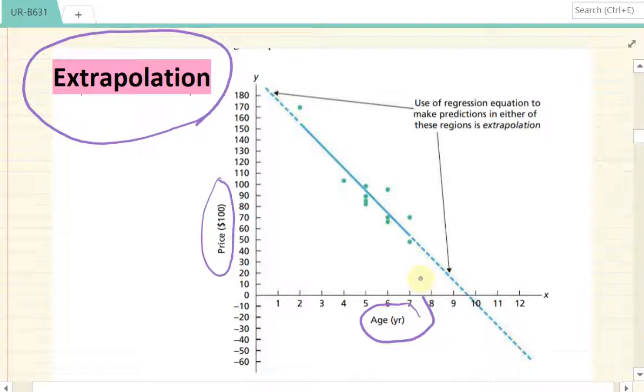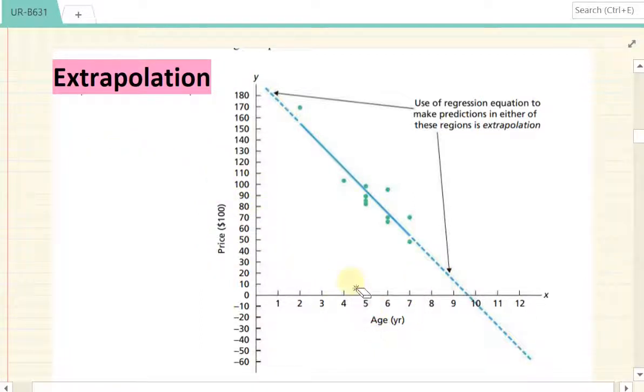Let me get these lines off. If you notice in here, the lowest value of x is 2 and the highest value of x is 7.